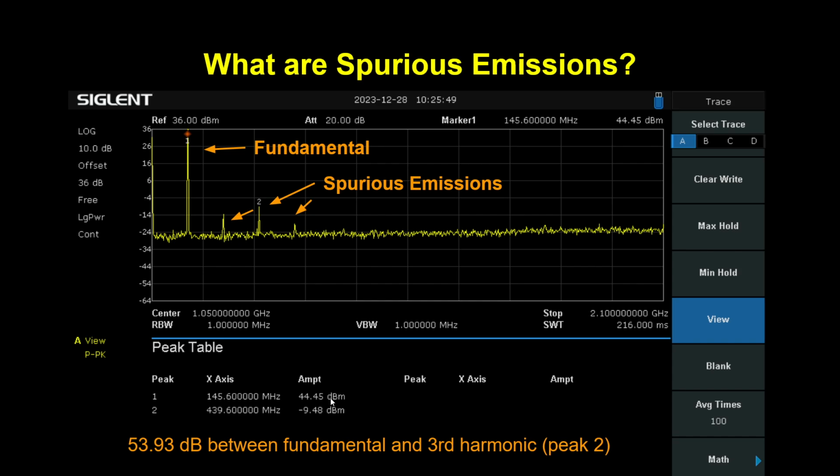Our fundamental is at 44.45 dBm, and our third harmonic is at negative 9.48 dBm. And so you just add the 44 plus the 9 together to get the full difference between these 2 points, since 0 dB is around here.